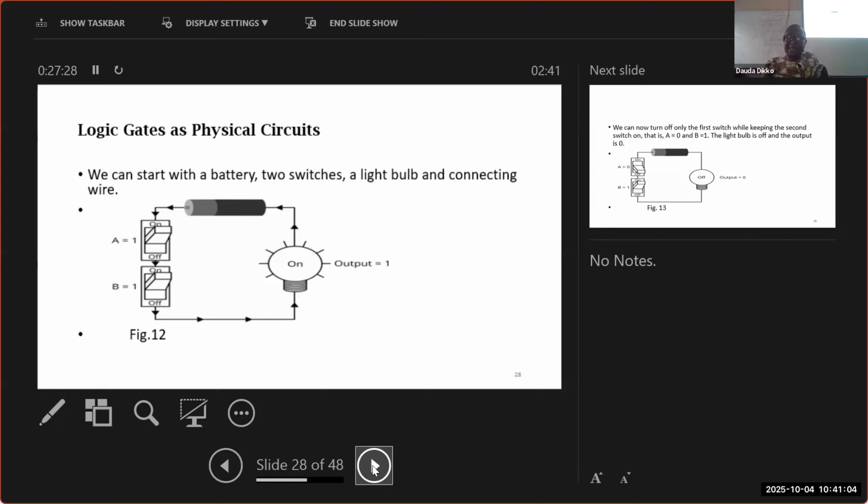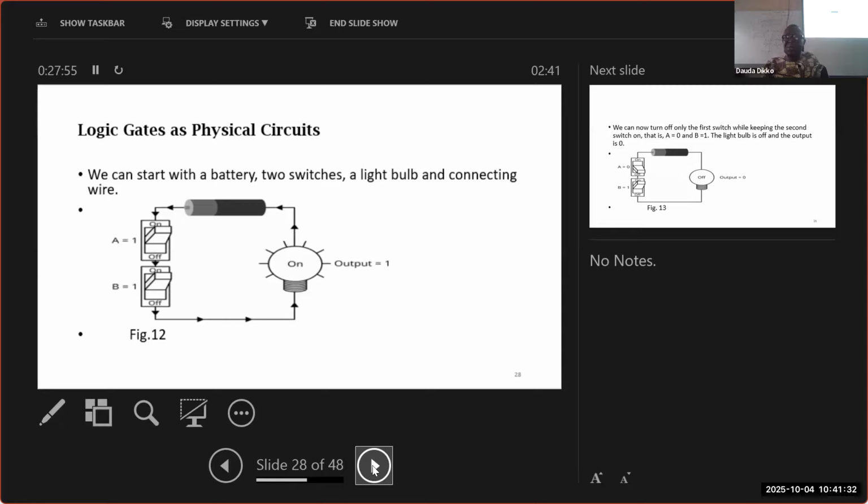For the first state, when A is 1, it shows that the switch is on. Then for the second one, when B is 1, the switch is also on. As the current passes from the first switch, which is on, through the second switch, which is also on, you can see the output.